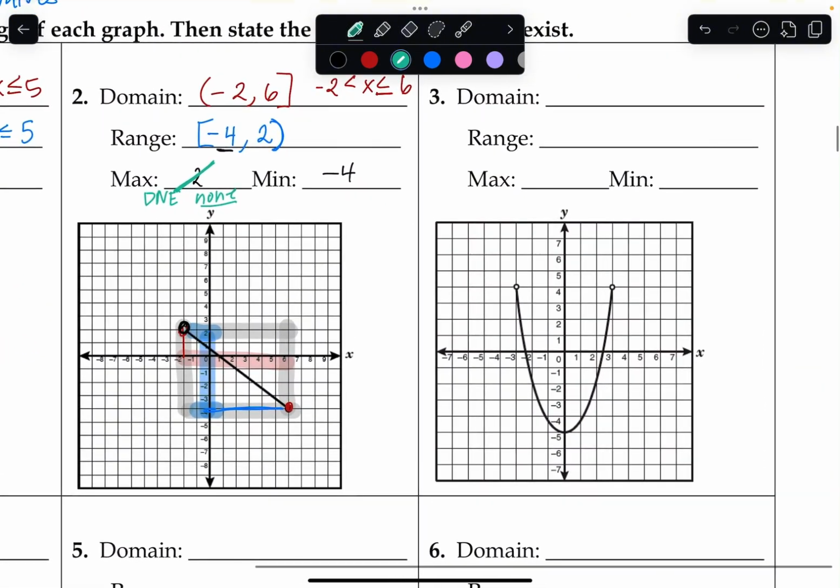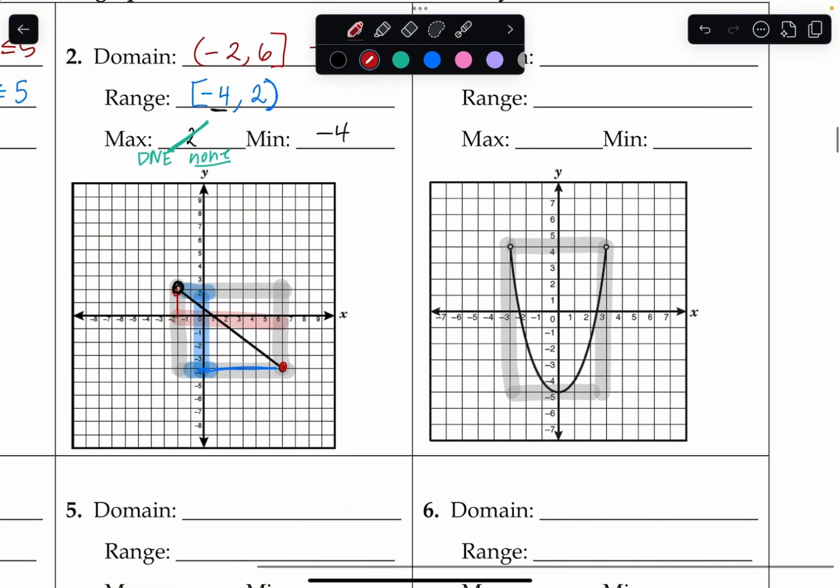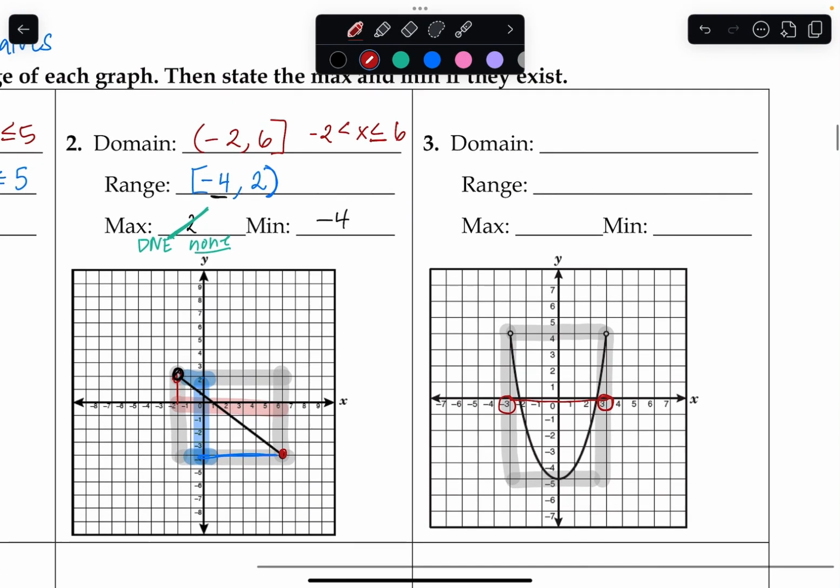Okay, number 3, I'm going to go ahead and draw the box. And so for domain, scanning from left to right, the side of my box is at -3, and the other side is at +3.